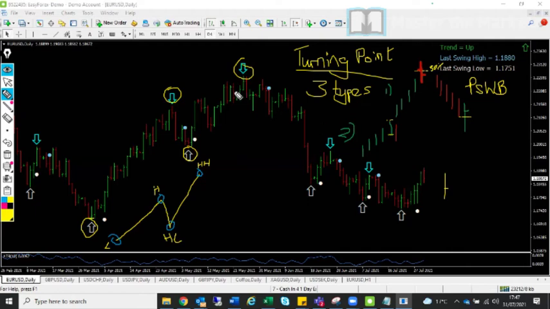And therefore, this is the second type of turning point that we could see in the market before a swing high or low is formed. That's a primary.